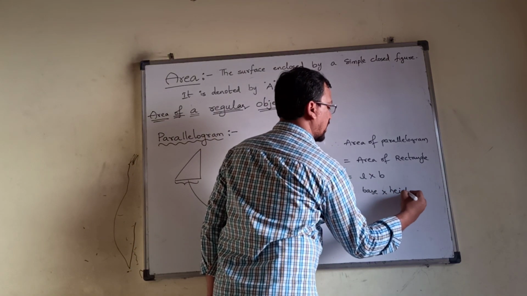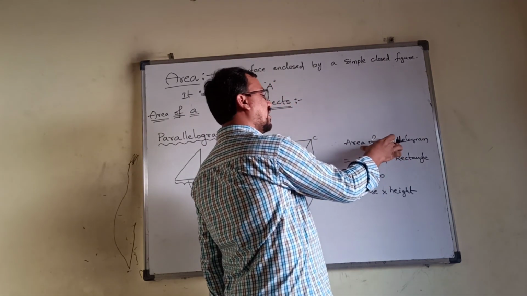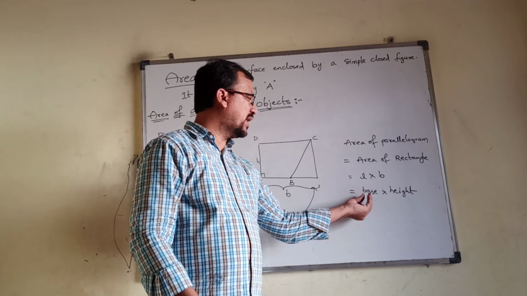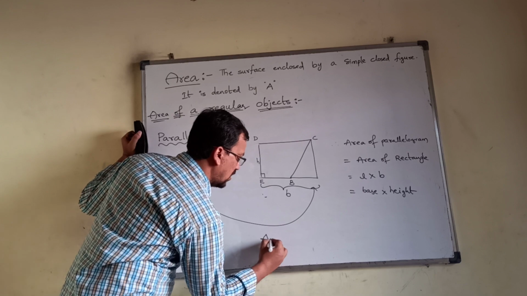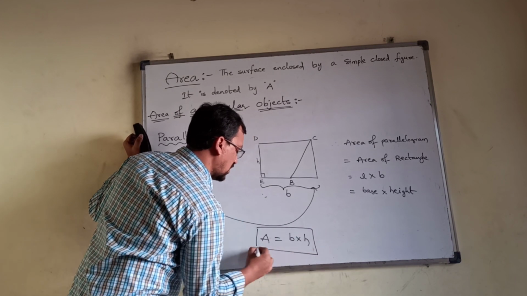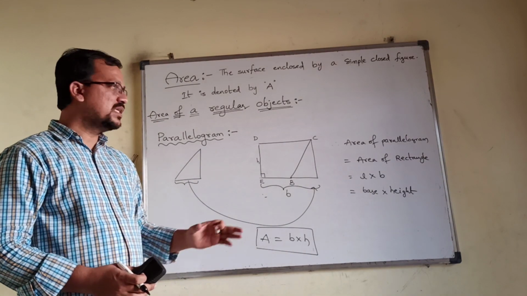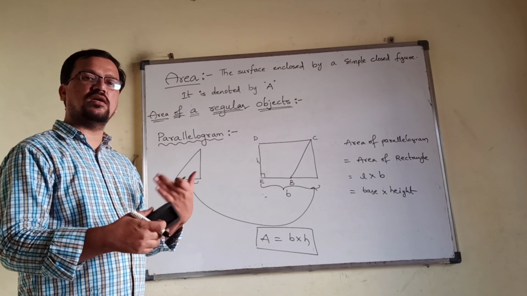So the area of the rectangle gives us the area of the parallelogram. Area of the parallelogram is base into height. This is the area of the parallelogram. In this way, we can find the areas of the remaining figures.